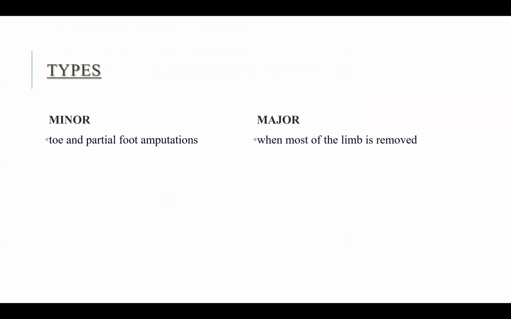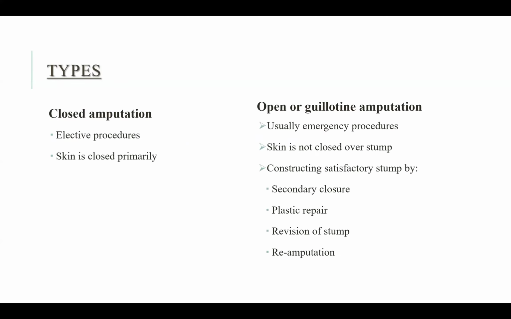Coming to types of amputations, it is divided into minor and major. In minor, it is of toe and partial foot amputations. In major, most of the limb is removed. Another type is closed versus open. In closed amputation, these are all elective procedures in which skin is closed primarily. Open or guillotine amputation is usually done in emergency procedures. The skin won't be closed over the stump.